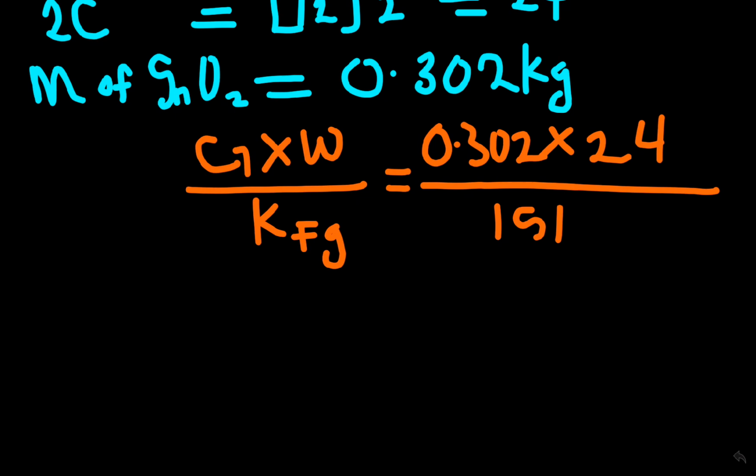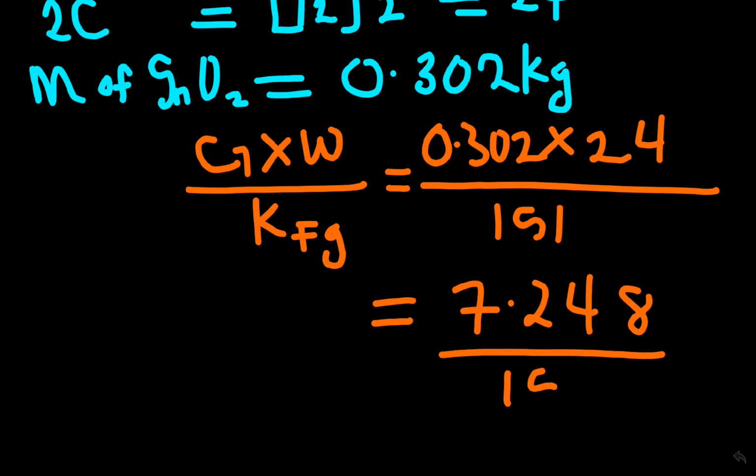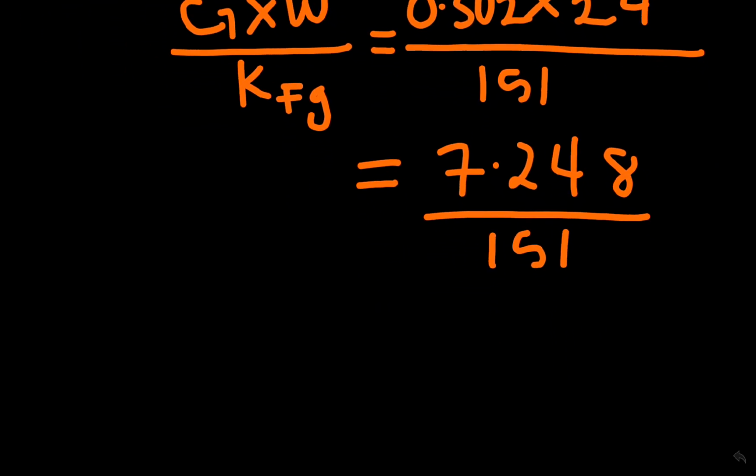And so if we plug in our data, it becomes 0.302 times 24, and we arrive at 7.248 over 151, and this becomes divided by 151.